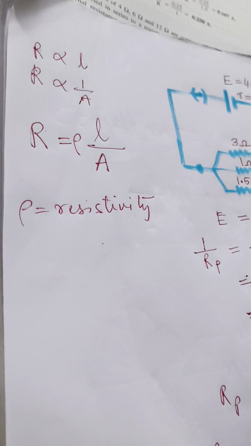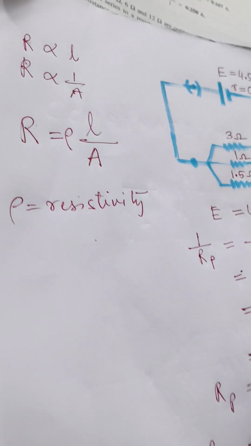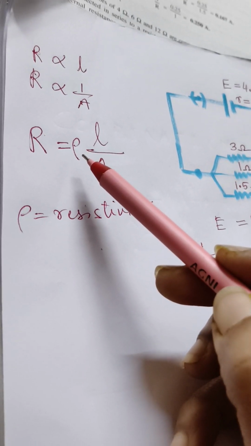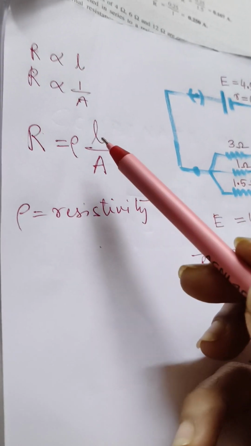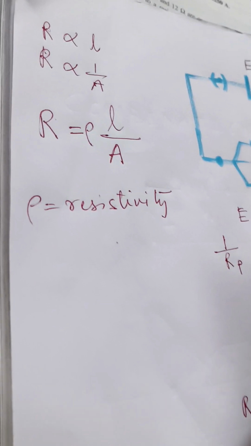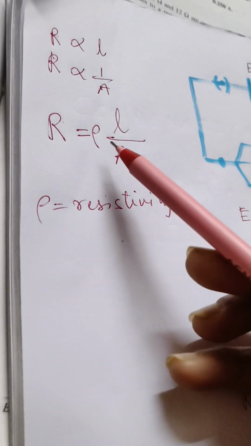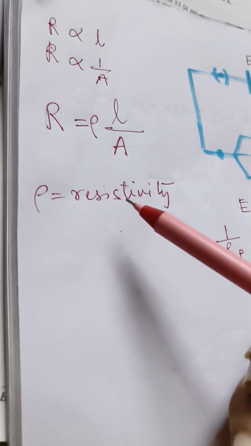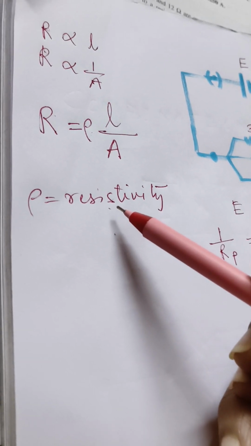Main thing to remember is you may change a wire in its length, in its area of cross section, but if you don't change the wire as a material, suppose you take a copper wire, in both the cases where length and area are different, but if it is a copper wire in 2 or 3 cases, this rho will remain constant, because resistivity here is actually the characteristic of the material of the conductor.